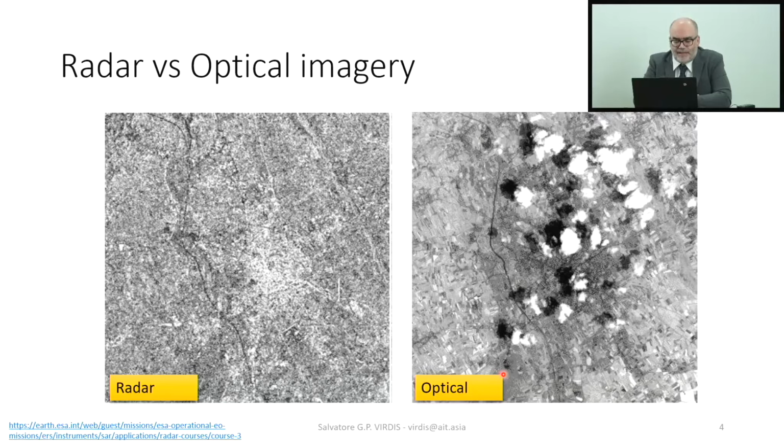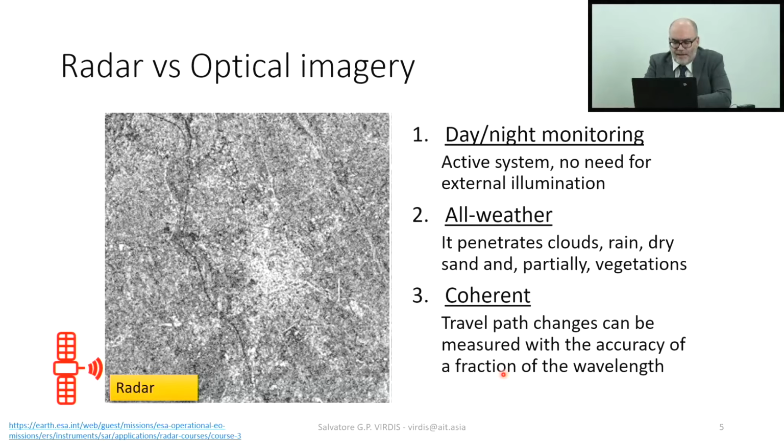So radar sensors are all weather sensors. So they are, let's say, as a first approximation, independent from weather conditions. The wavelength can pass through the clouds. This is one of the main characteristics. Radar images can be acquired during day and night mode.